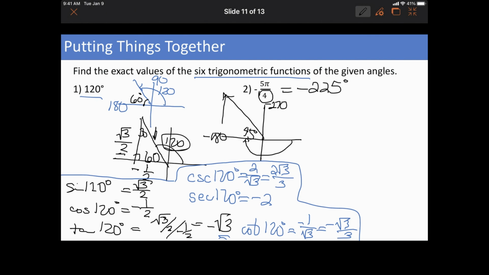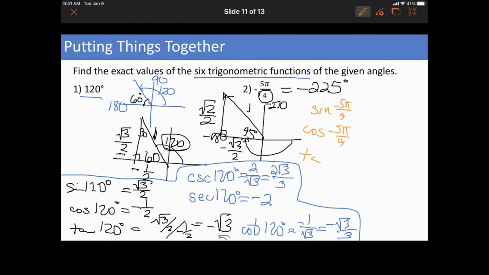So drawing my angle, again, I know my reference angle is 45 and my radius is 1. So this is √2/2, -√2/2. Sine of -5π/4. Cosine of -5π/4.